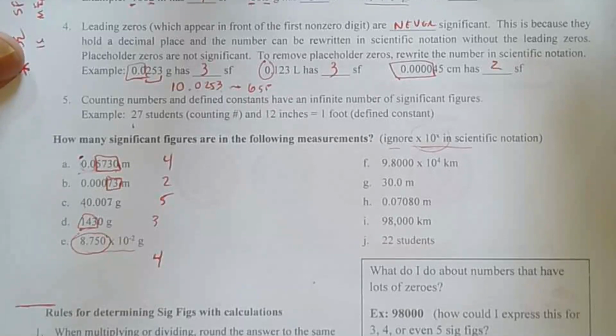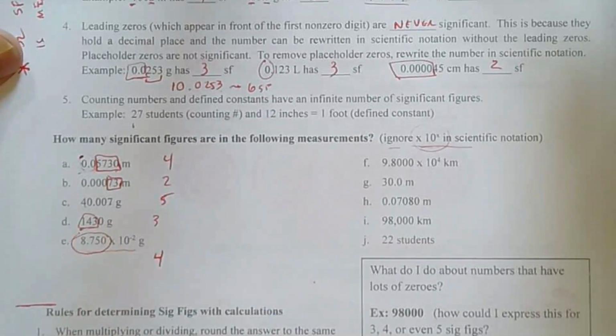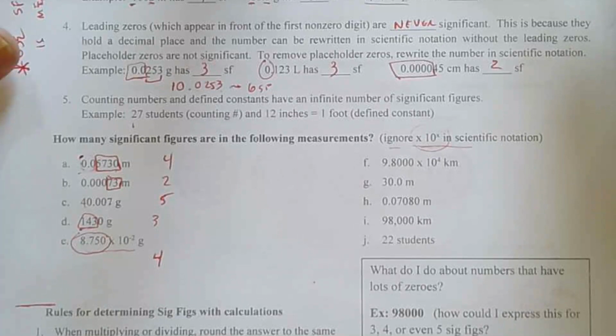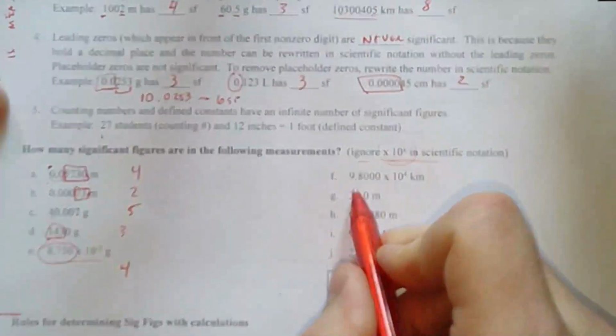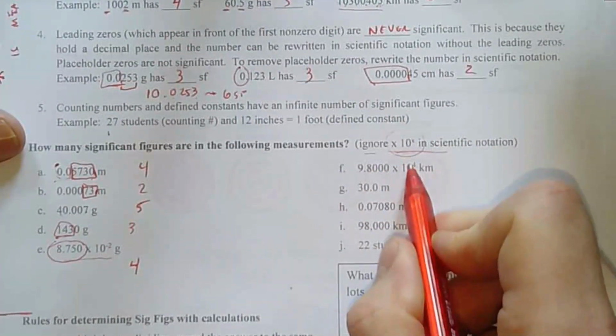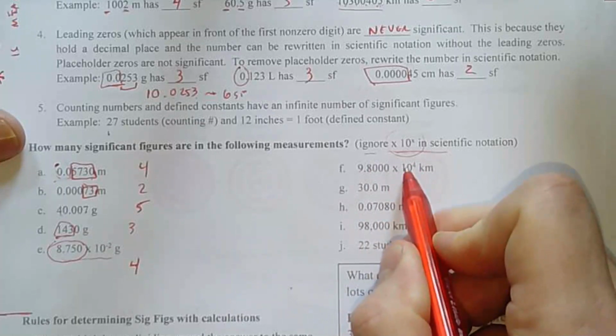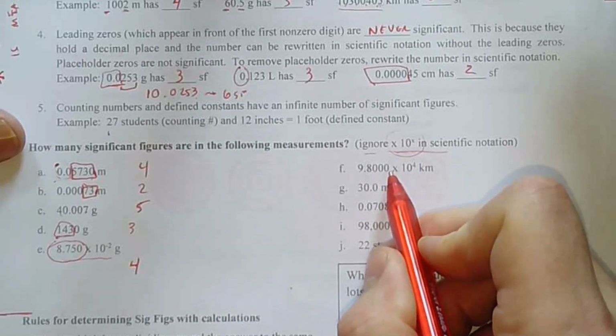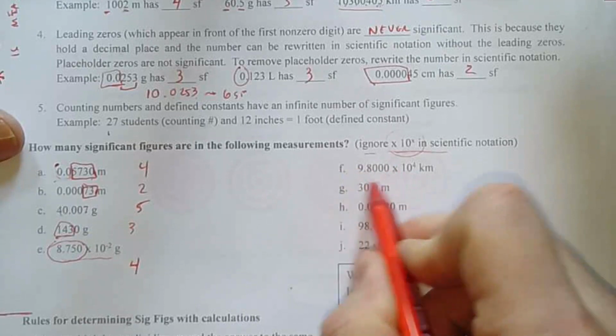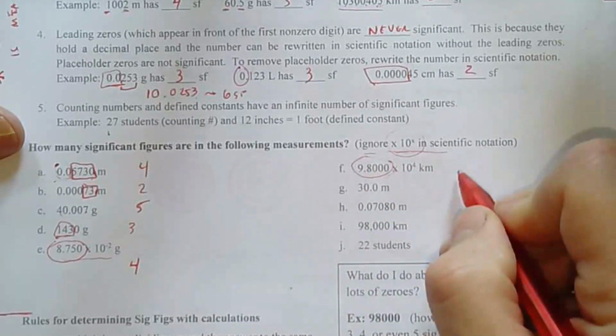Makes it easy. If you see something in scientific notation, everything in there is significant. Likewise over here. Again, scientific notation, we're not looking at the times 10 to the 4th. For significant figure determination, we're just looking at this, and all of those things are significant. So it's 5.